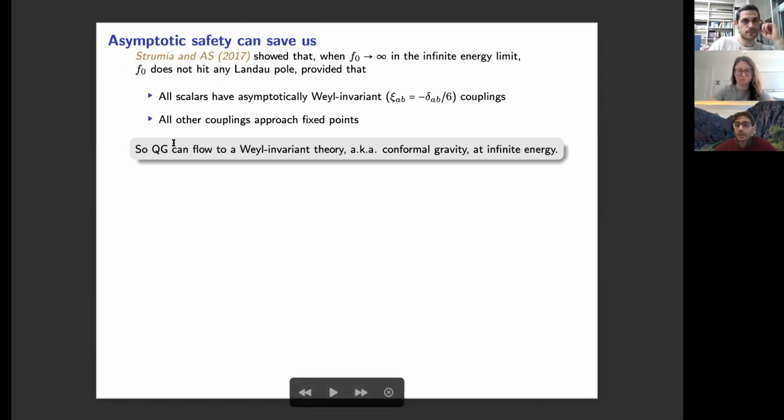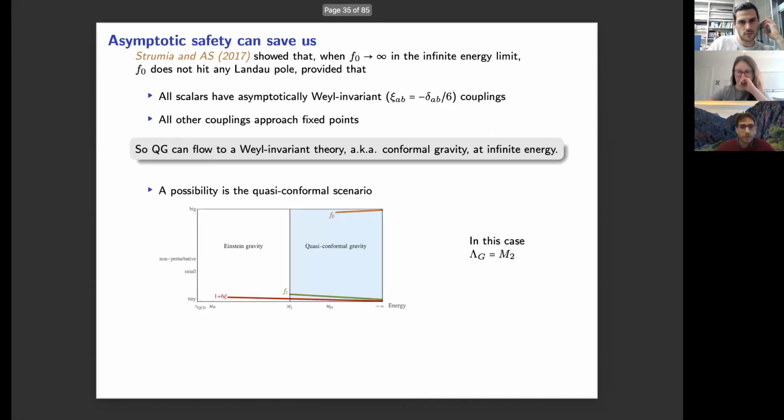And in this case, quadratic gravity can flow to a Weyl-invariant theory, also known as conformal gravity, at infinite energy. A possibility is that at observable energies f_0 and 1 plus 6 xi, where xi is a generic non-minimal coupling, are both very small.